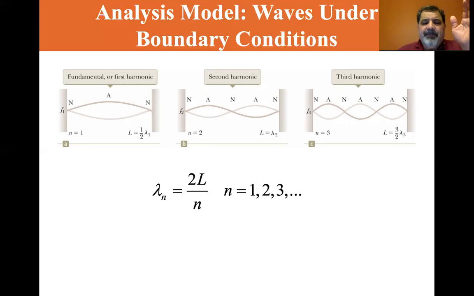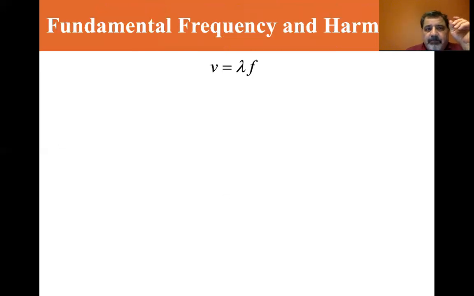So lambda, the wavelength, is equal to 2L, twice the length, divided by n, where n is, in this case, the number of antinodes. And so the velocity is equal to lambda times frequency.